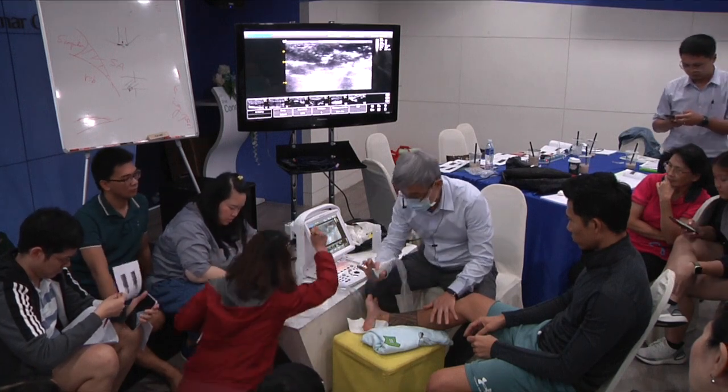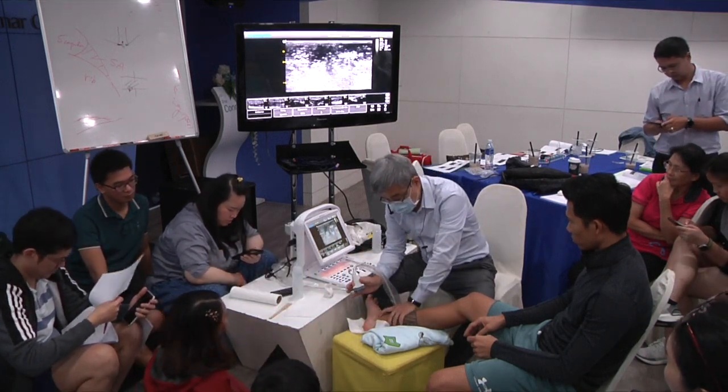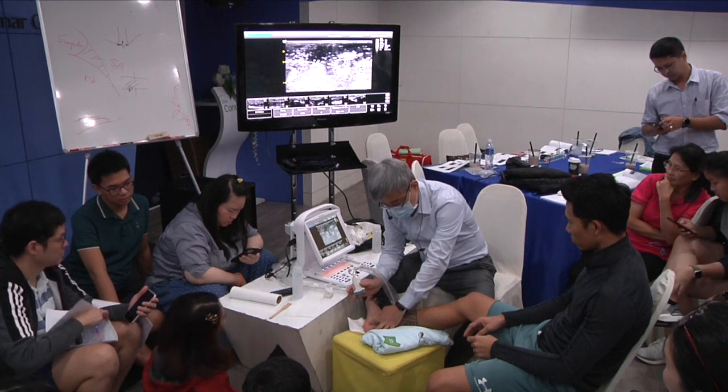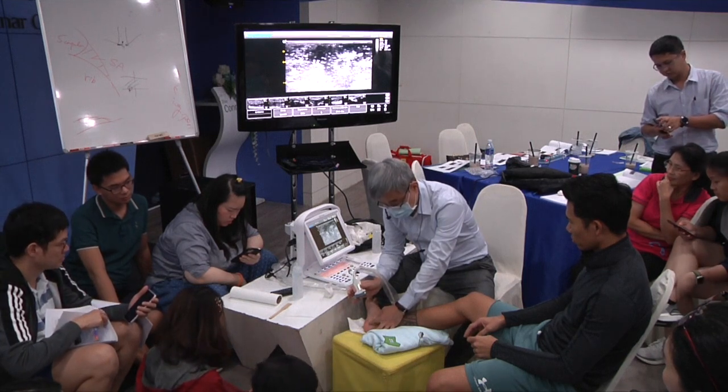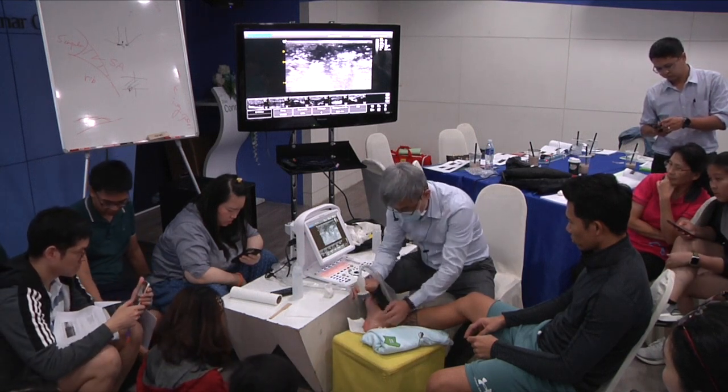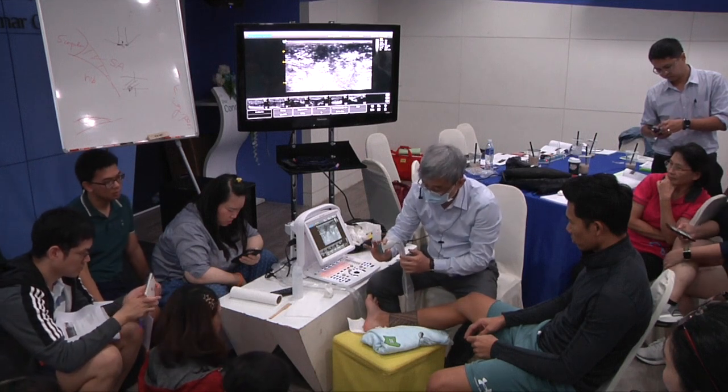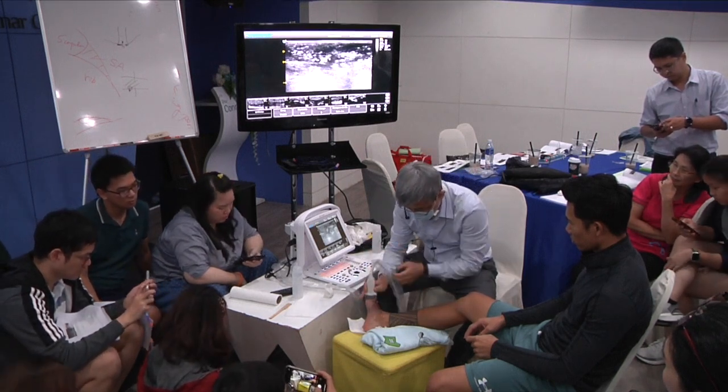Okay, again. Medial malleolus. Calcaneus. One more about the middle bundle.